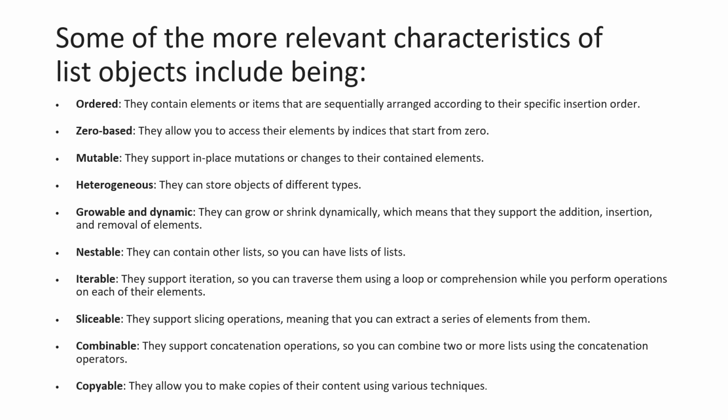Sliceable: you can extract series of elements from them. Combinable: they support concatenation operations, so you can combine two or more lists using the concatenation operators. Copyable: they allow you to make copies of their content using various techniques. I hope you are clear.